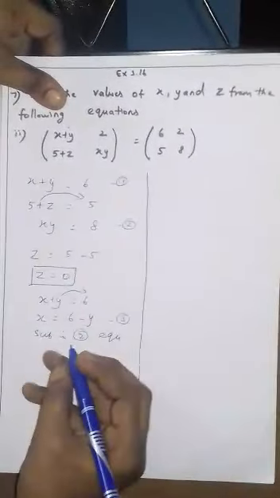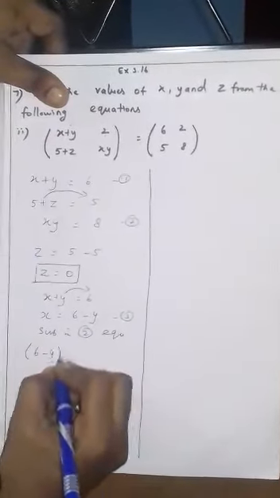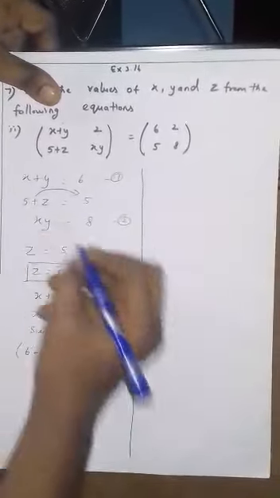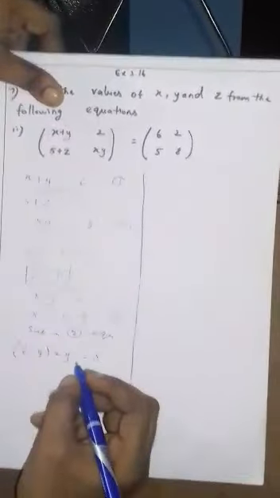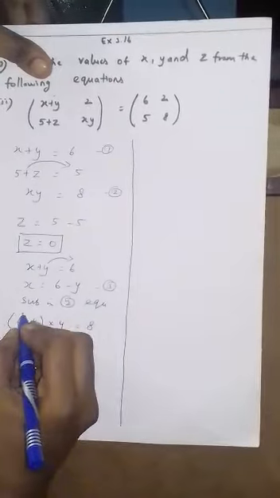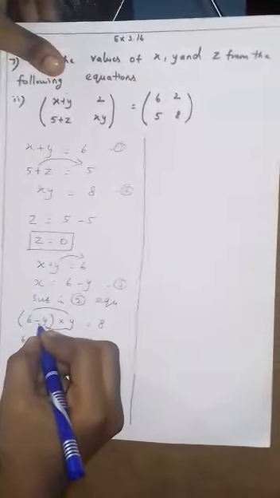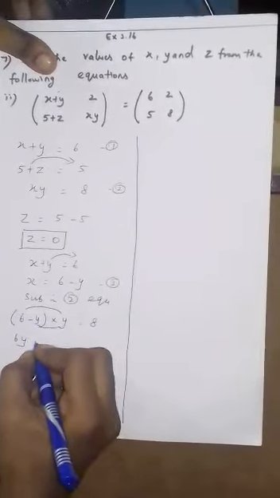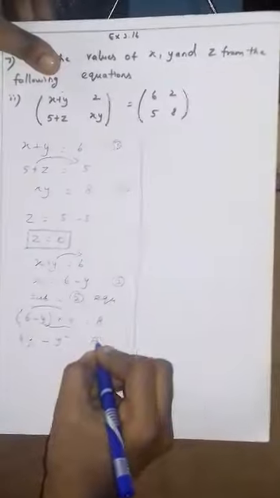So two variable terms are given, so within the bracket only mention the value. 6 minus y, multiplied by y, equal to 8. Then both terms are multiplied by y. 6 into y is 6y, with a minus sign, then minus y into y equals y square, equal to 8.